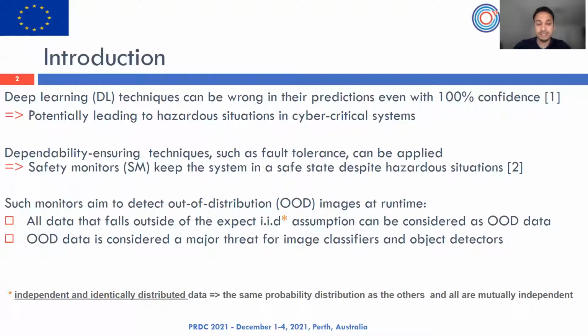And such safety monitors that we are applying here to these image classifiers are intended to detect out-of-distribution images at runtime, because these are the images that are dangerous to the correct function of the machine learning, since the machine learning is trained normally under the assumption that the data is independently and identically distributed.